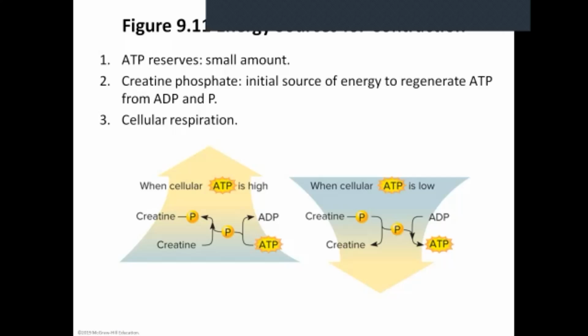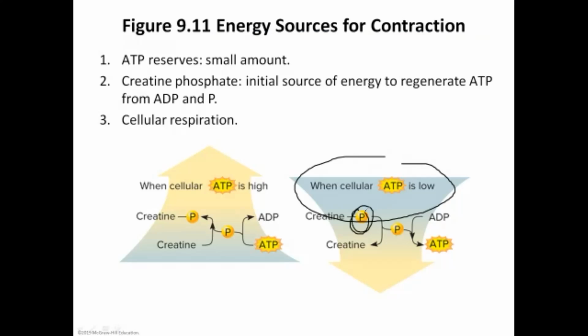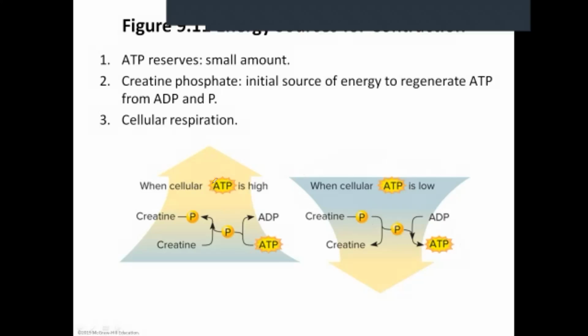So when your ATP levels are low, we can actually steal a phosphate group from this creatine phosphate and generate some ATP. Now, when your ATP levels are high, we don't necessarily need to be making a lot of ATP.